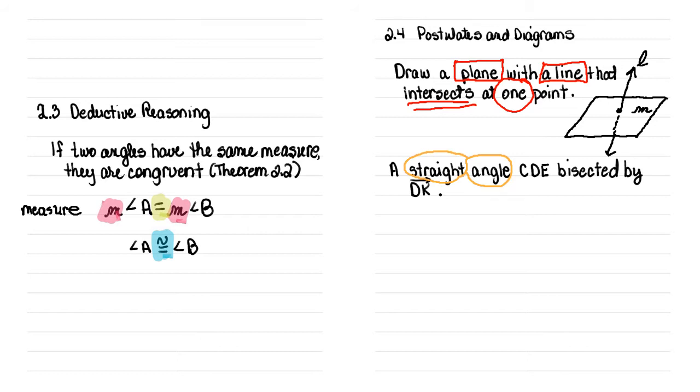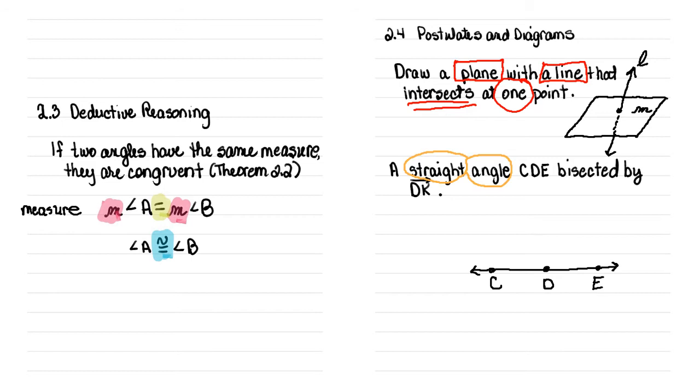Okay, so we know that we have to start with the straight line. There's evidently 3 points on the straight line. And it's going to go through D, or D is basically going to be the vertex here. And it ends up at E. All right, it is being bisected by a ray.